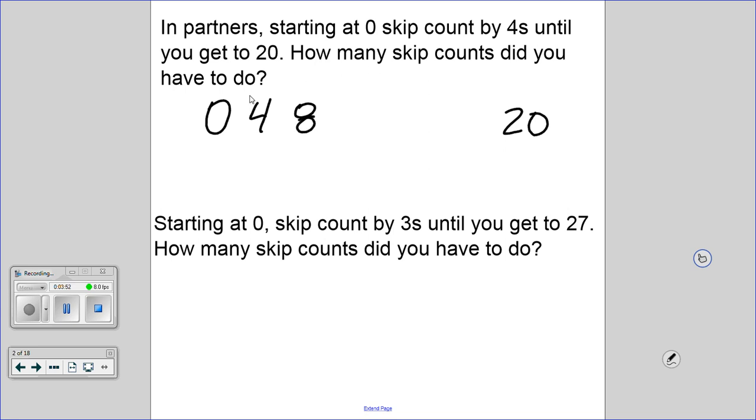Start at 8. 9, 10, 11, 12. What number did I get to? 12. Great. 13, 14, 15, 16. What number did I get to? 16. 17, 18, 19, 20.